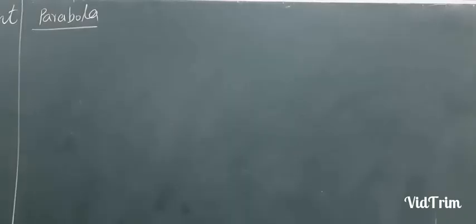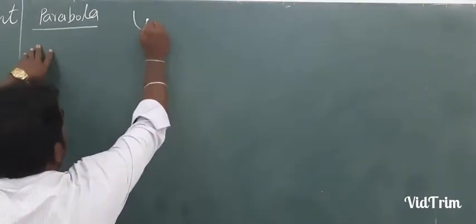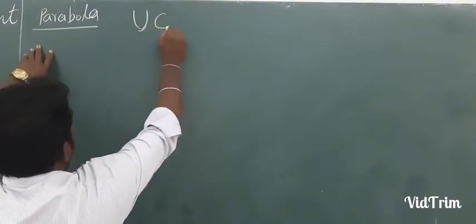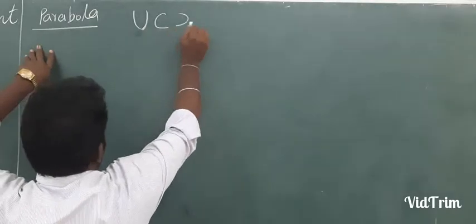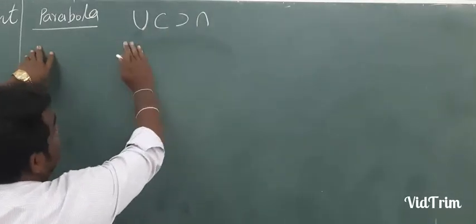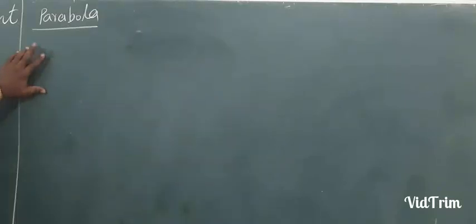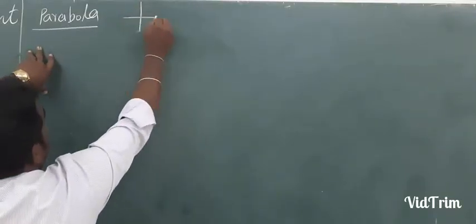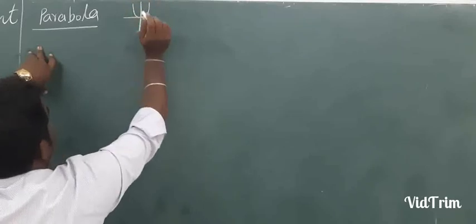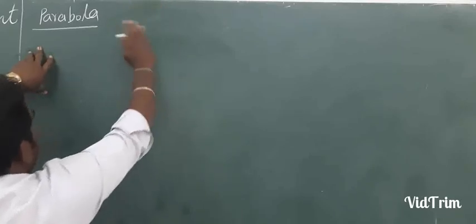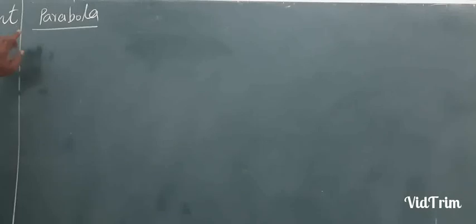A parabola is a shape like a U, like this, or this, or this, or this one. We have three or four shapes. So don't forget that a parabola is like a U shape. Now we are going to study the standard equation and general equation.